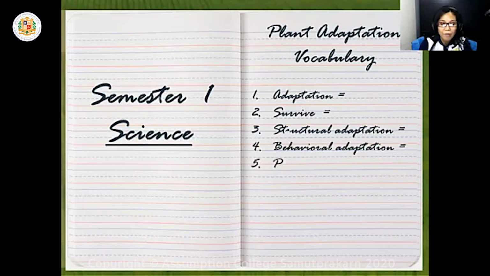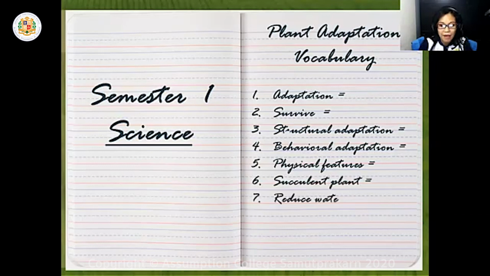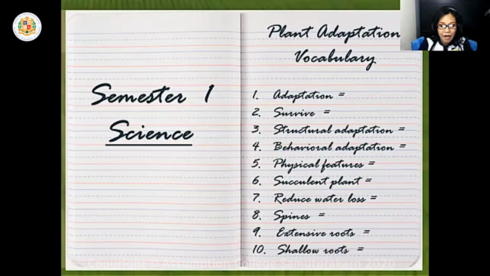Number 4, behavioral adaptation. Number 5, physical features. Number 6, succulent plant. Number 7, reduce water loss. Number 8, spines. Number 9, extensive roots. And number 10, shallow roots.